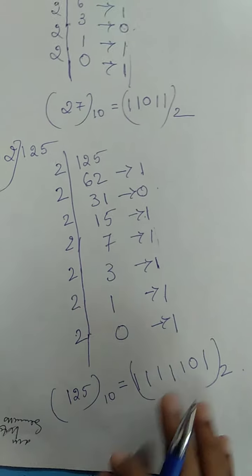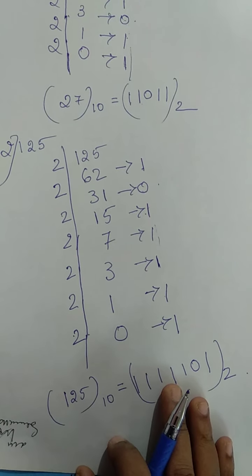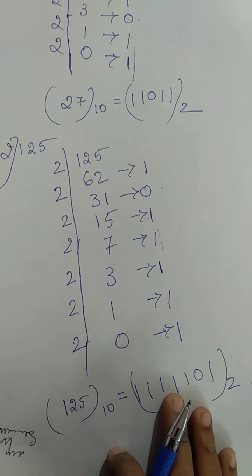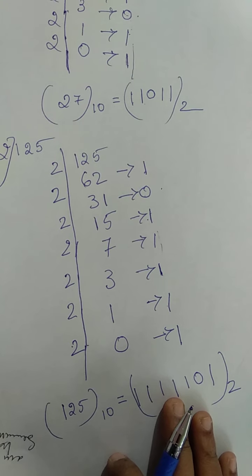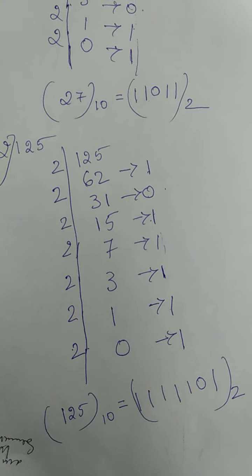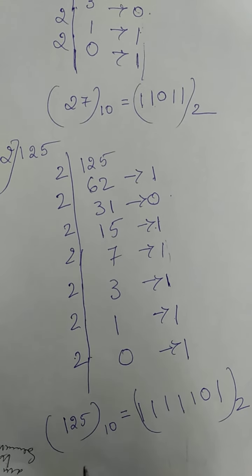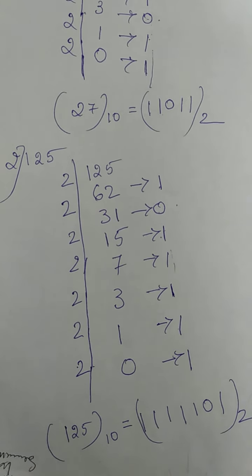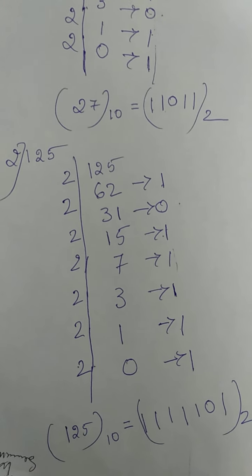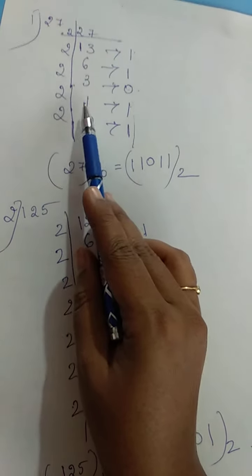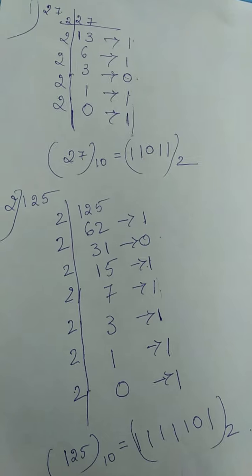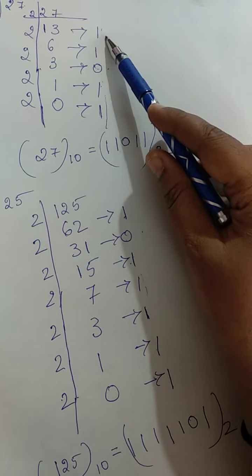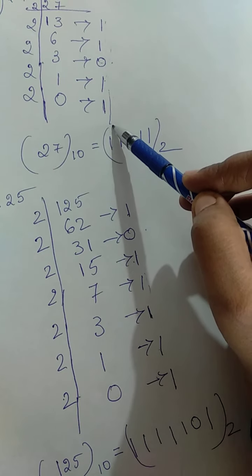So there are 3 points we have to remember while converting decimal to binary. We divide the decimal number by 2 repeatedly. This process continues until the quotient value becomes 0, and we concentrate only on the remainder values.